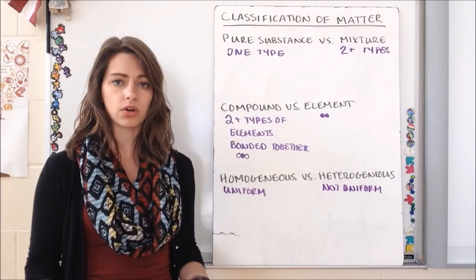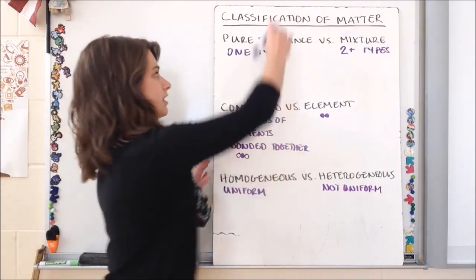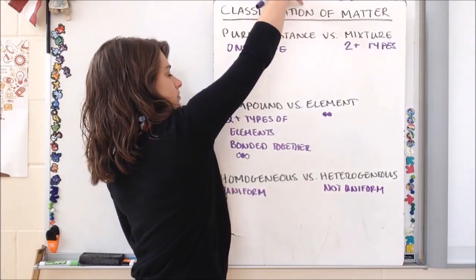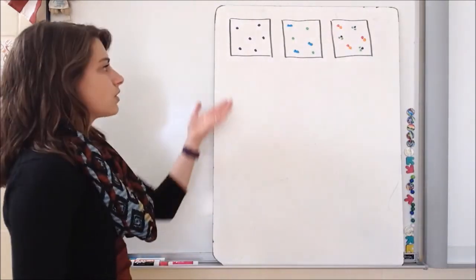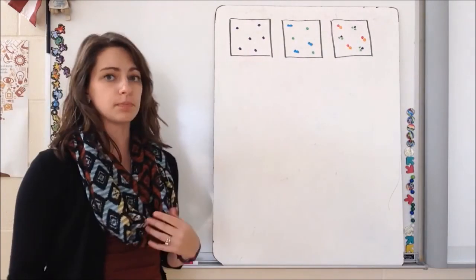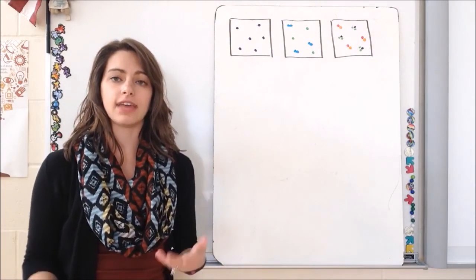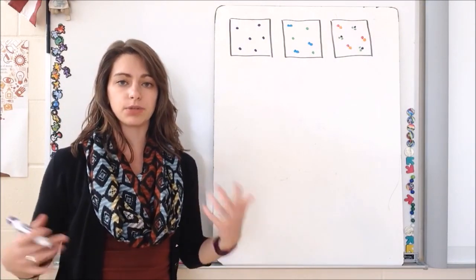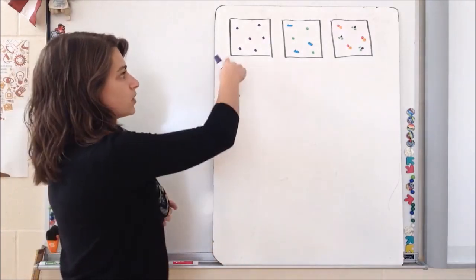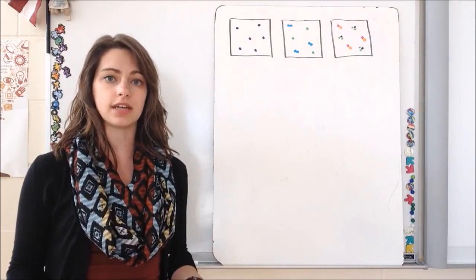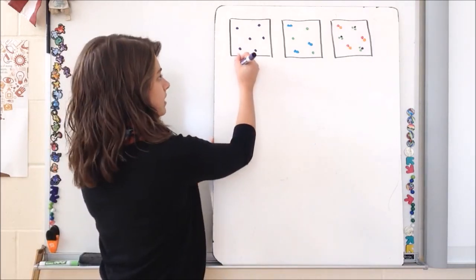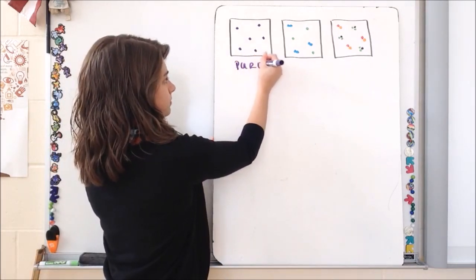Now let's look at some particle diagrams to identify some of these different things. I have three examples here. In my first box, I need to decide if that is an element, compound, pure substance, or a mixture. If I'm looking at this, the only thing I see are purple dots. Since the only thing I see are purple dots, I'm going to say that this is pure.